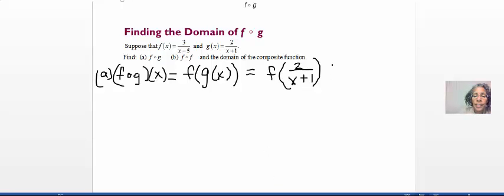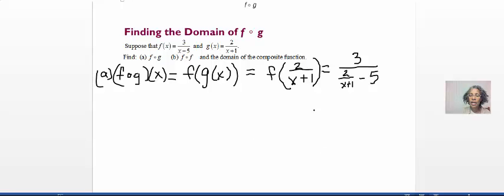Which tells me to go to the function f, and wherever there's an x, instead of putting an x, I'm going to put 2 over x plus 1. That's what that's actually telling me to do. And so this is f of g of x.